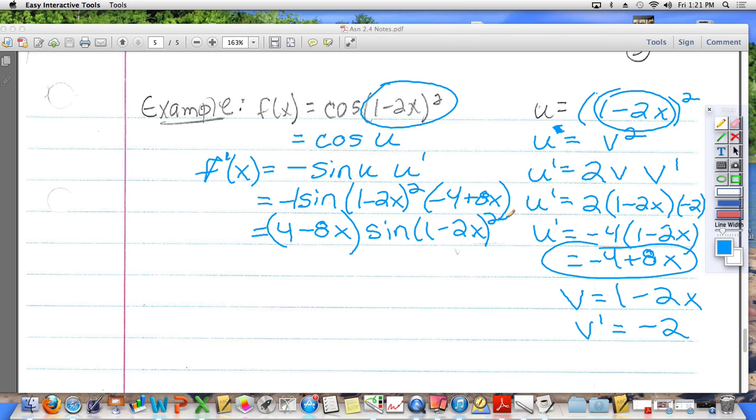Could I put sine out in front before the 4 minus 8x? Yes, I think it wouldn't be wrong to write it like that. But I think that this 4 minus 8x is kind of like having a coefficient. So I think you would be more likely to see it like this than the other way around. But it wouldn't be wrong.